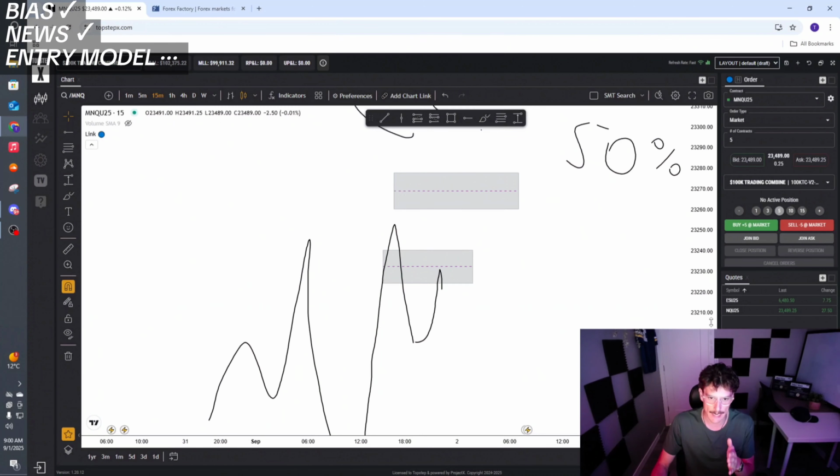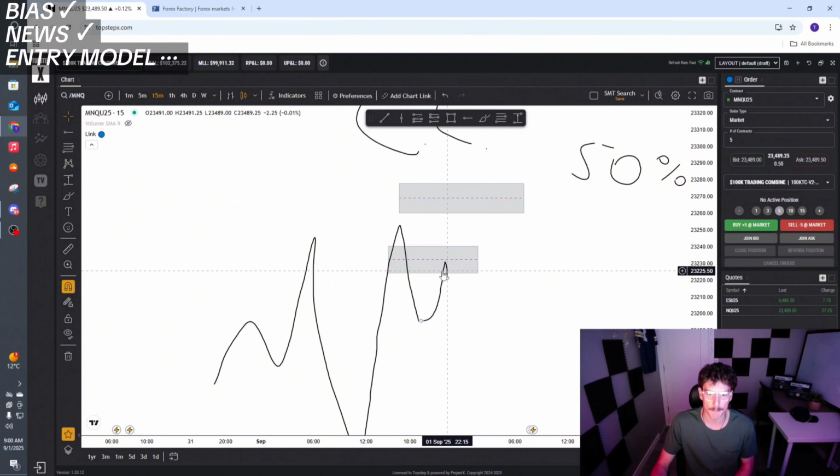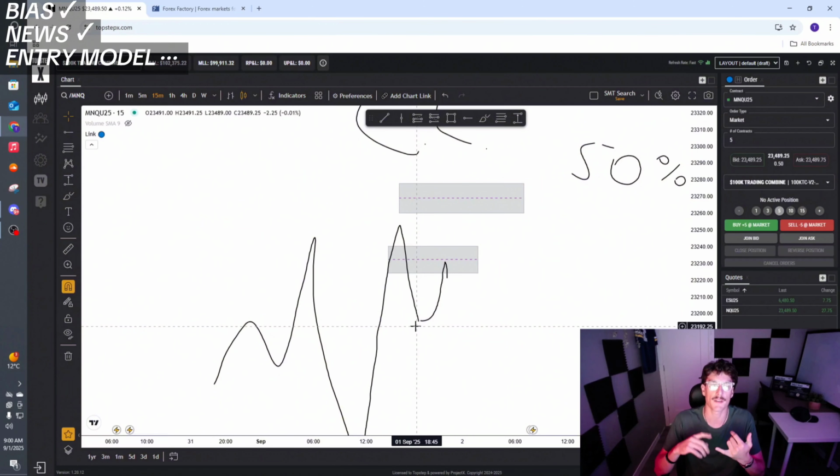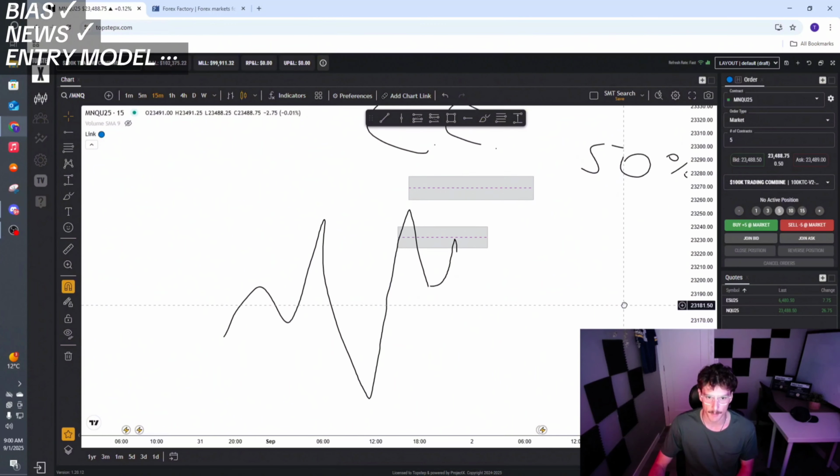So what we're exactly looking for is in this imbalance for orders to be filled and price to just take us and continue in the direction that we were heading before, right? That's the thing that I like about this entry model. There's a few things. I feel like I'm talking about it and I like everything about this entry model, but this entry model also trades with the trend, right? That's something I didn't used to do a whole lot, but we're trading with the trend big time.